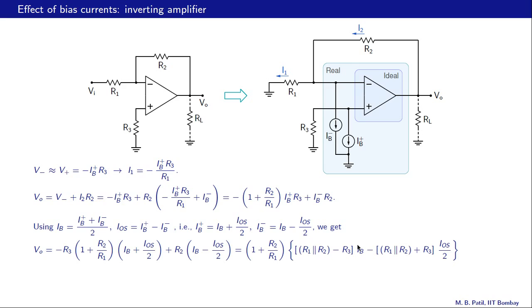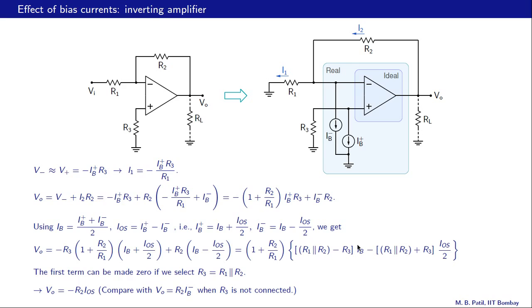Let us see what that is. So with that substitution, R3 equal to R1 parallel R2 over here as well as over here, we can simplify this VO further, and that turns out to be minus R2 times IOS.